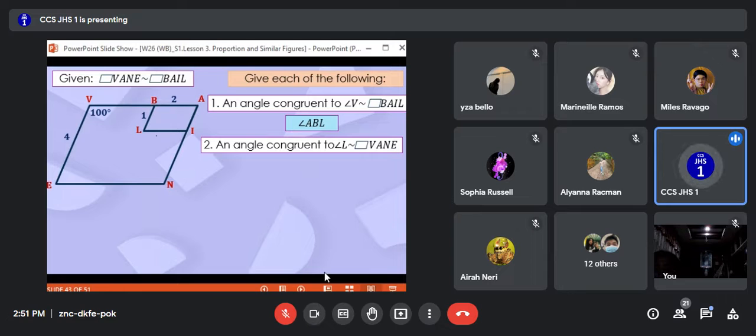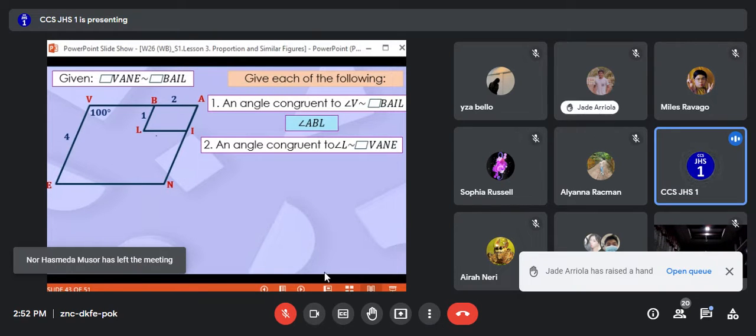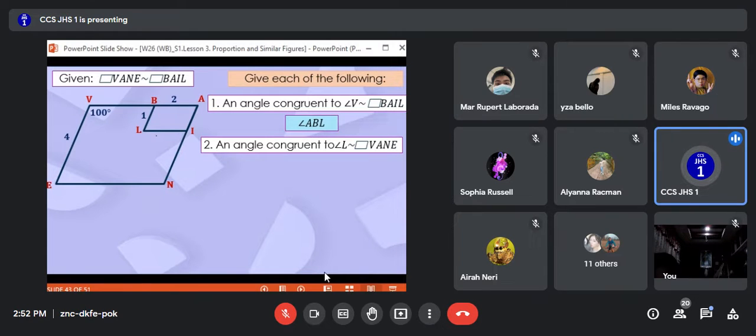Next, an angle congruent to angle L, which is an angle found in parallelogram VANE. What do you think is that angle that corresponds to angle L? Well, I'm asking for a volunteer, so I'll be calling names at the count of 1, 2. If no volunteers, your names will be called. Okay, Jade, what's your answer?